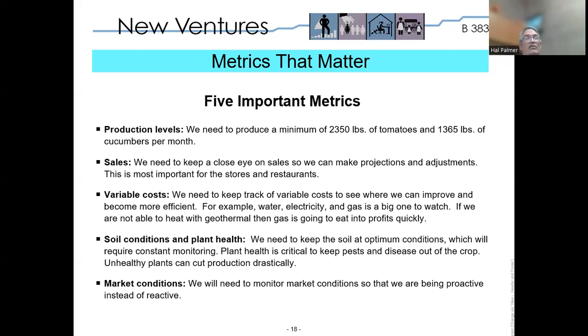And lastly, market conditions. We'll need to monitor the market conditions so that we can always be proactive rather than reactive in what we do. So, of course, we know market conditions, like say a new competitor, can really impact your business.